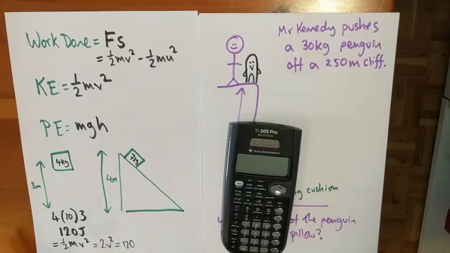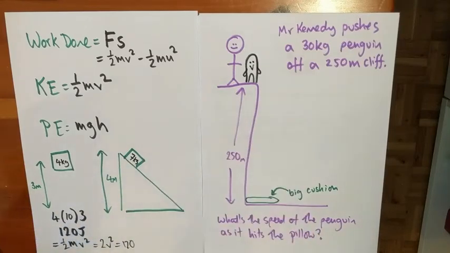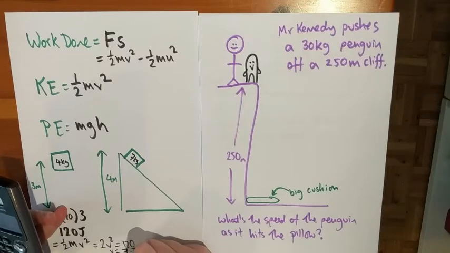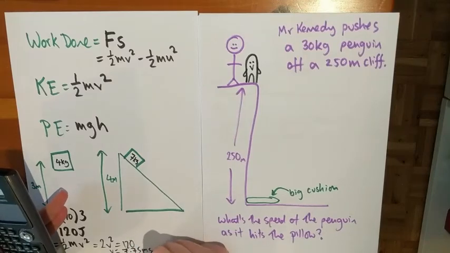So v squared must be 60, and the speed it's going is 60 square rooted, which is about 7.75. So 7.75 meters per second.